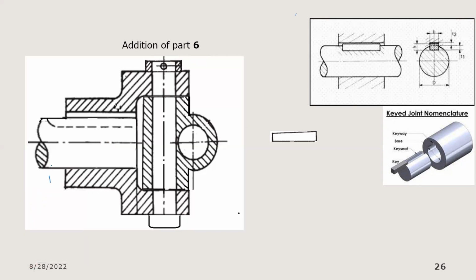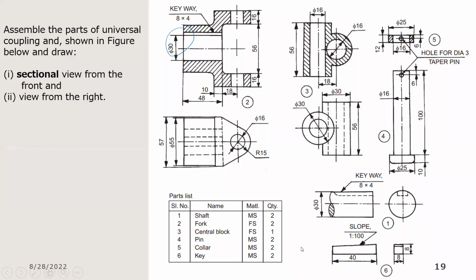So you have 1, we have 2, 3, 4. Then this guy here, which is the collar, is part 5. Then there's a newcomer coming. That newcomer is part 6. How do we know? Let me just go back to the diagram.